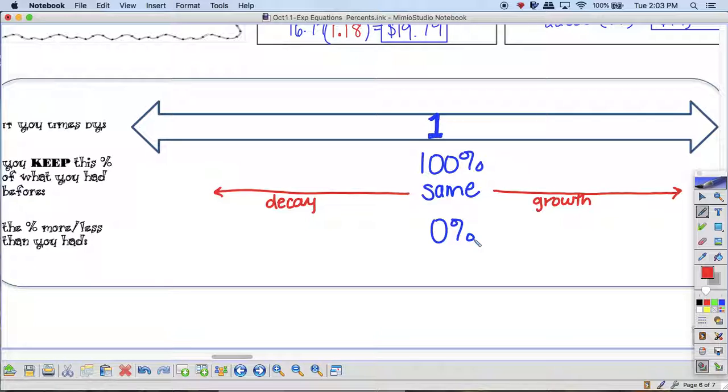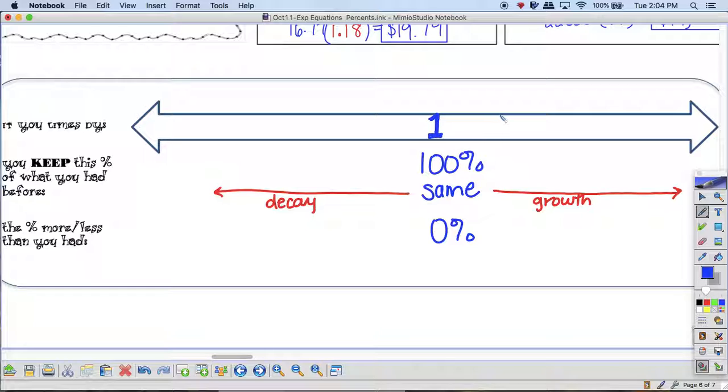So if I multiply something by 0.999, is it going to change the value that much? No, because it's close to 1. So it'd be a little bit of decay. If I multiply something by 1.8, that's going to be quite a bit further from 1. So that's going to be quite a bit of growth.